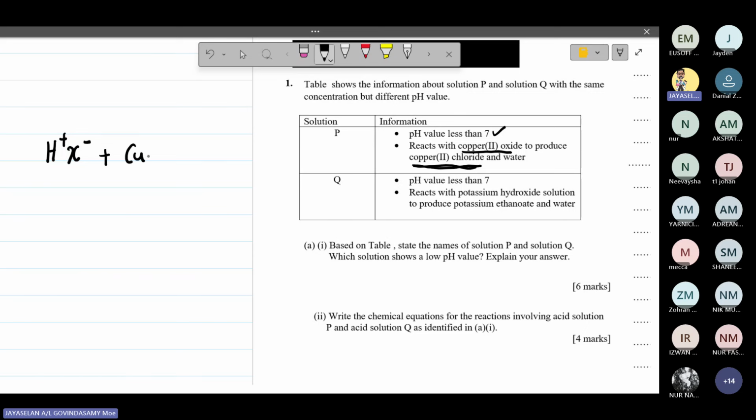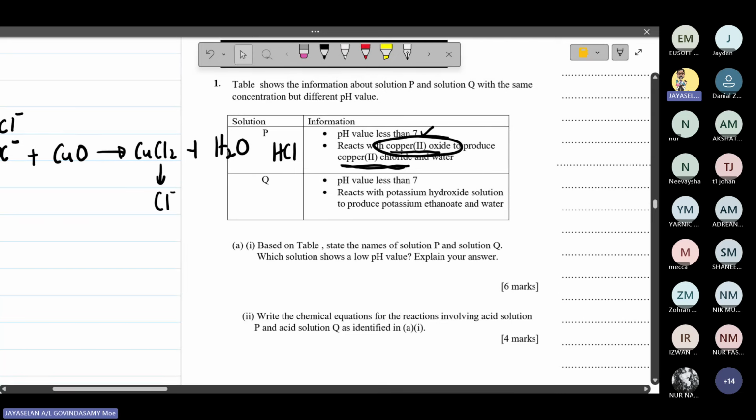Take the copper(II) oxide, put here. Plus you get copper(II) chloride plus water. Faham tak? Now you take this chloride ion, letak di sini. So what is the name of the acid? Hydrochloric acid. That's all. So the acid P is hydrochloric acid.